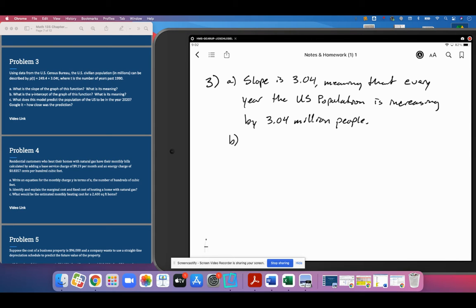And for part B, our y-intercept is the amount that we started with, and so in this case we started in 1990, and our y-intercept is 249.4.